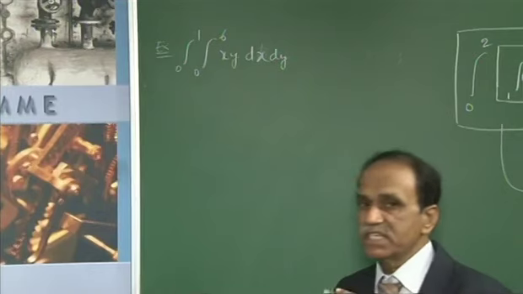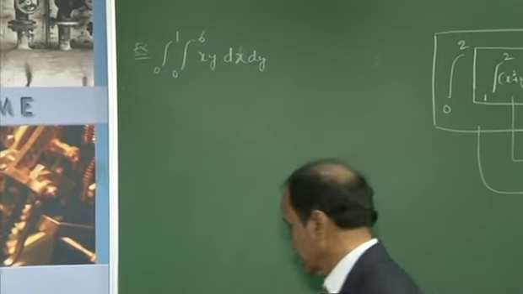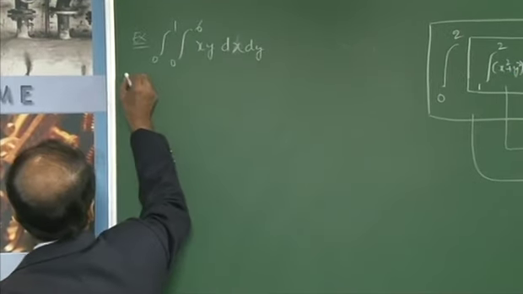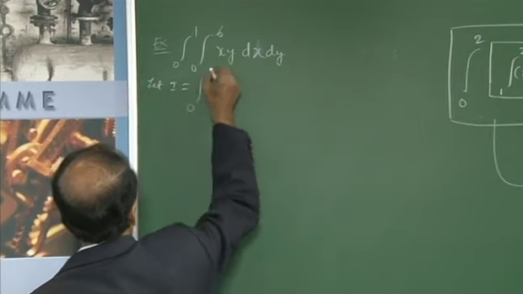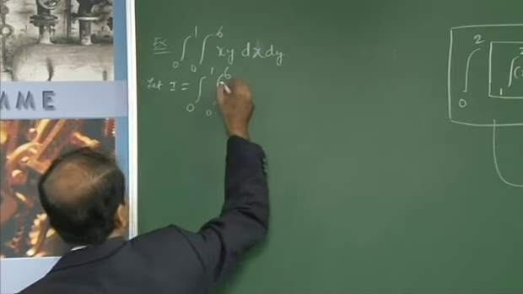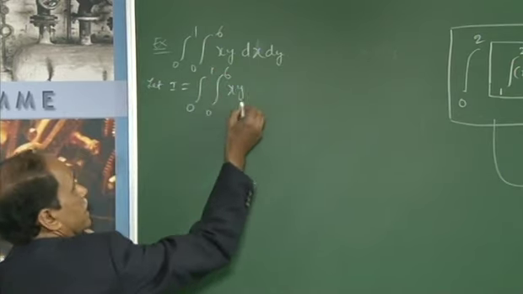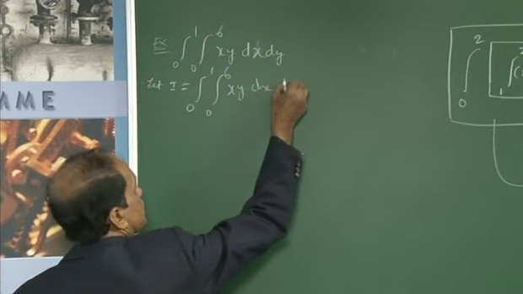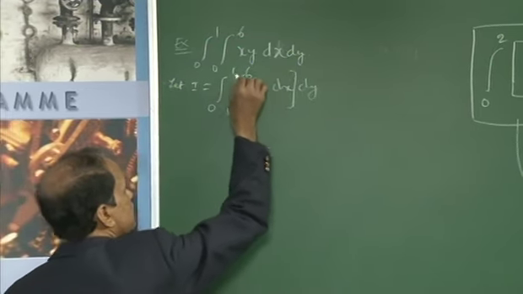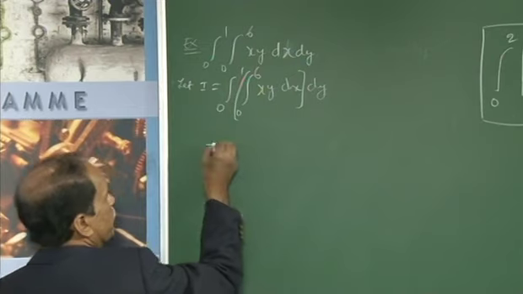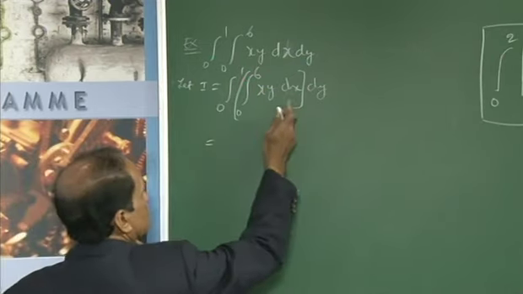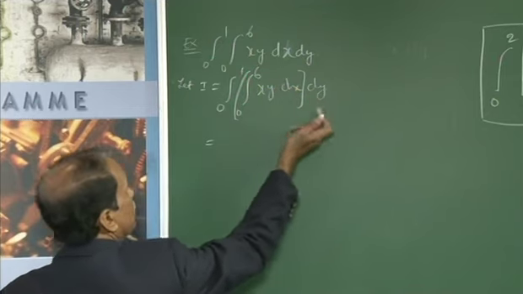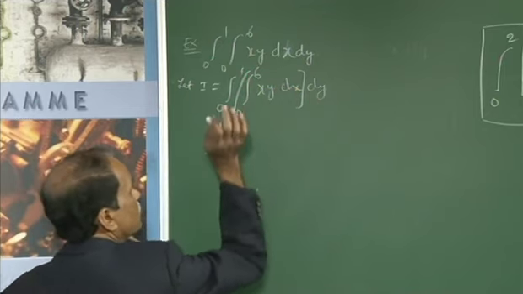In whichever order it is given, you just go according to that. Now, let I equal to, the same notation you have to assign, 0 to 6 x y dx dy. Put the brackets again for this. Then this is for x inside, x equal to 0 and x equal to 6, and the outermost integral y equal to 0 and y equal to 1.